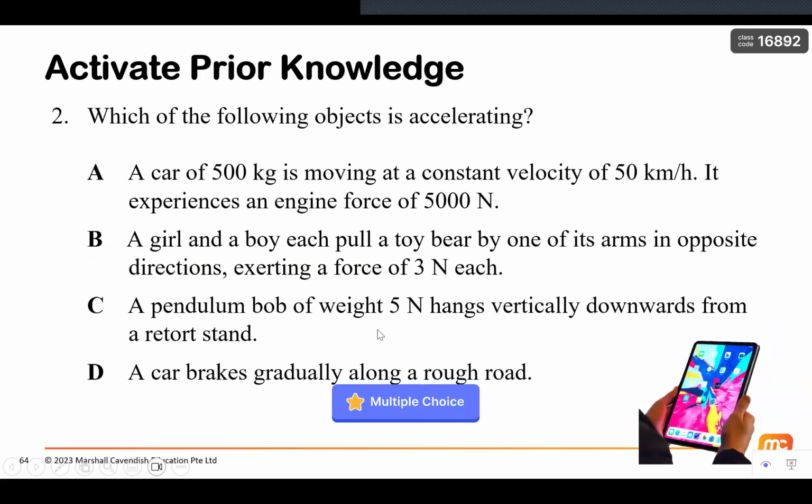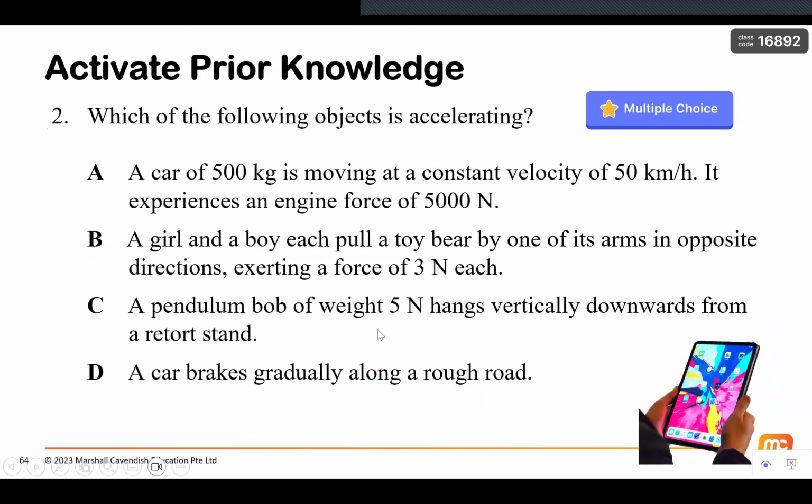Okay, next question. Which of the following is accelerating? The first option: a car of 500 kg is moving at a constant velocity of 50 kilometers per hour and it experiences an engine force of 5,000 newtons. Once we see the words constant velocity, there is zero acceleration and zero resultant force. So this is not accelerating.